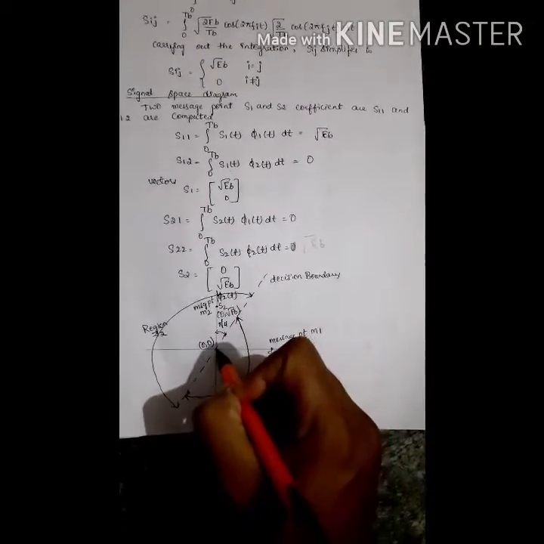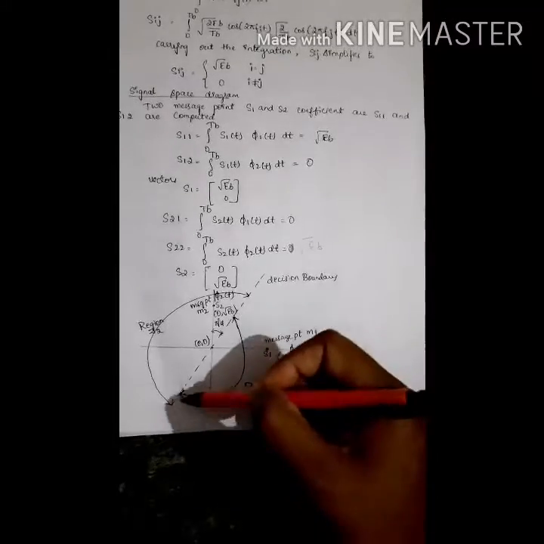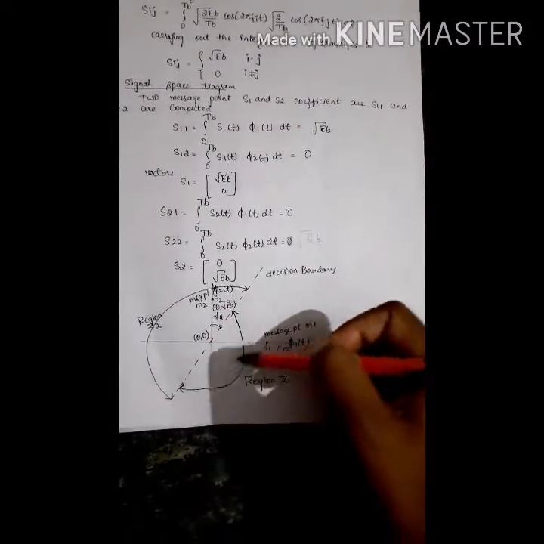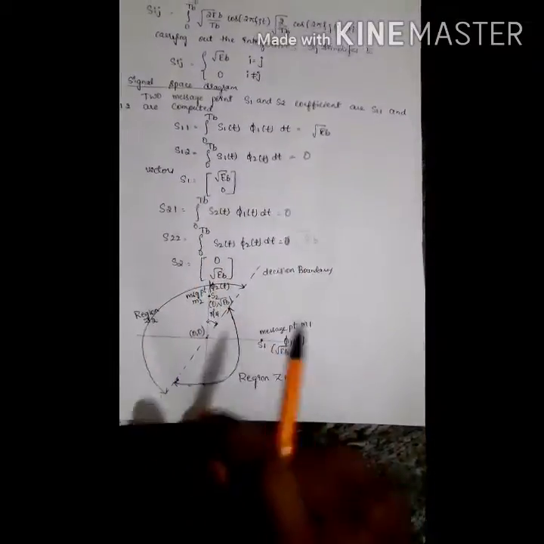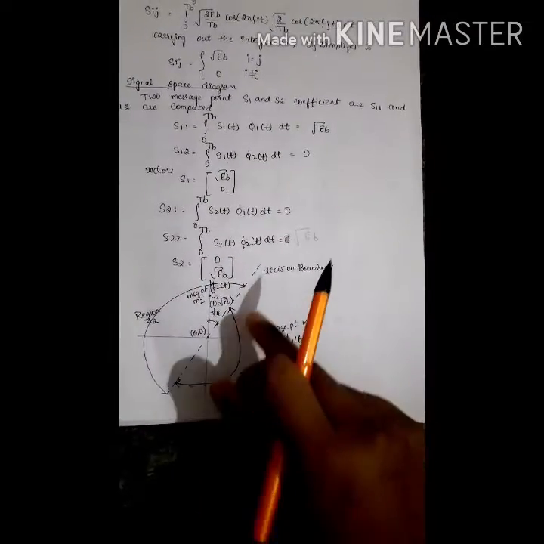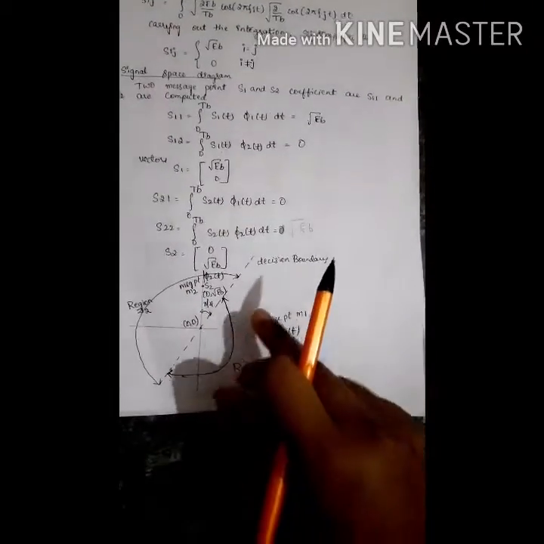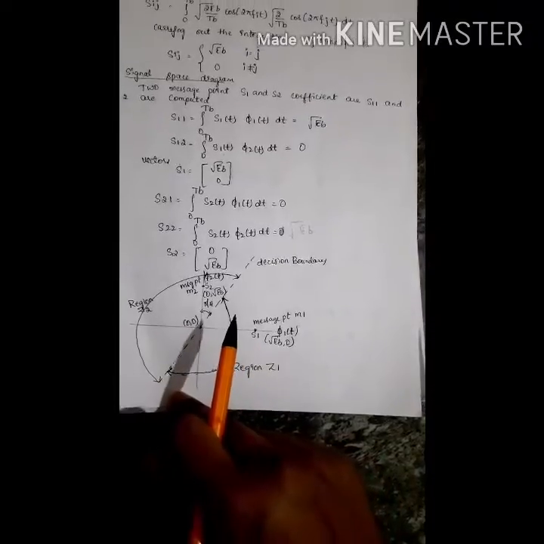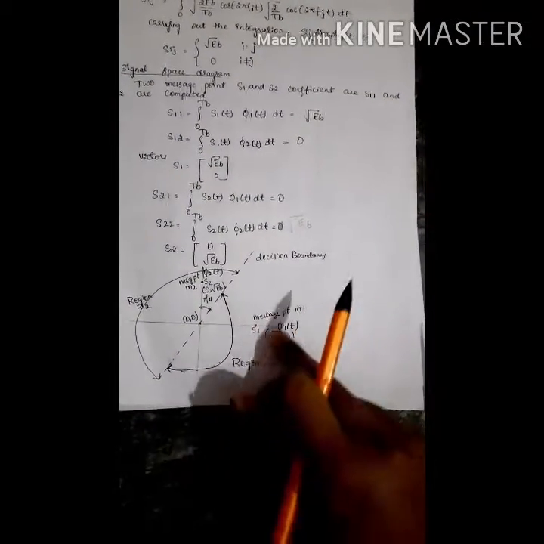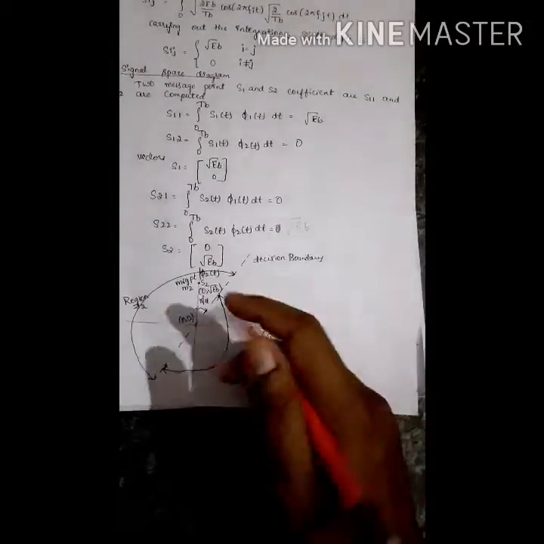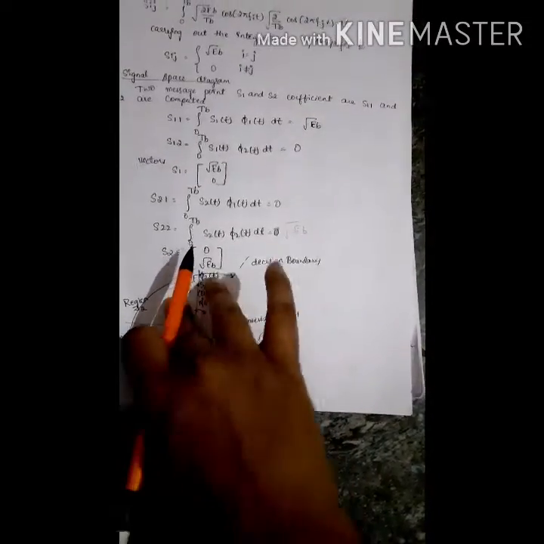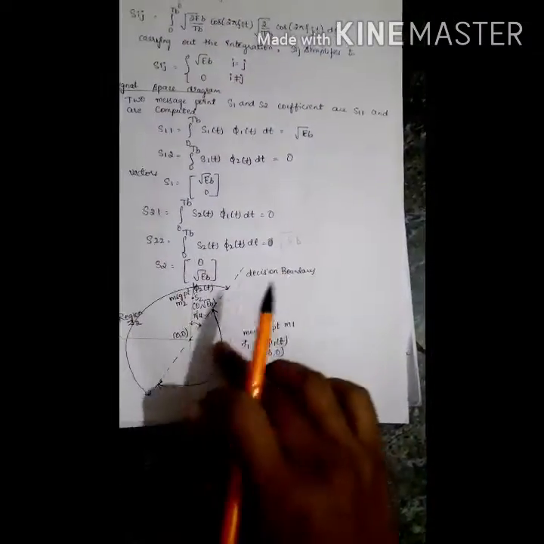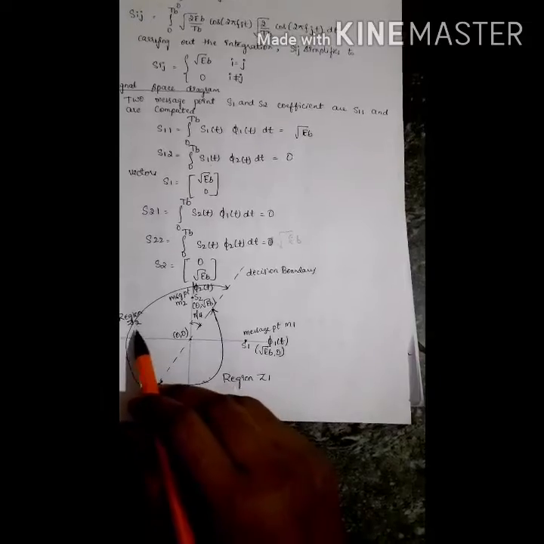S1 lies in the region up to the decision boundary; this is the region we can call the S1 region, and from the decision boundary on the other side we have the S2 region. Between the four quadrants, the first and the third halves and the fourth region we can call message region Z1. For message 2 we get the second quadrant and the halves of the first and third quadrants, which is region Z2.